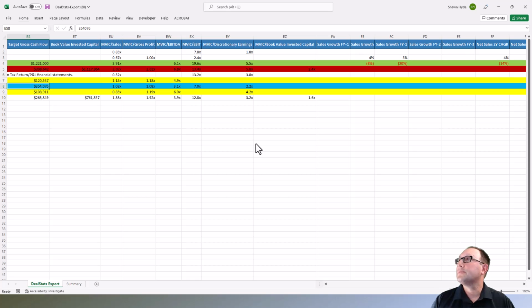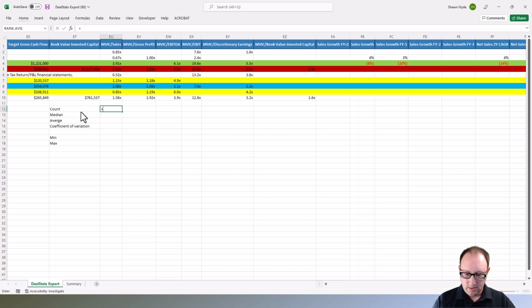Here are the multiples. So now on this end, we'll do some math. This is why I like to do the analysis in Excel. I'm going to do the count, the median, the average, the coefficient of variation, and the min and the max.